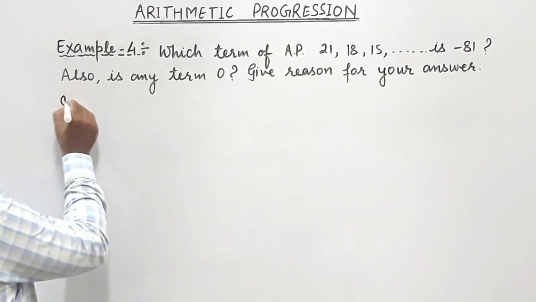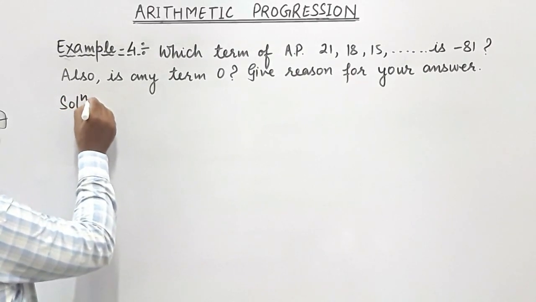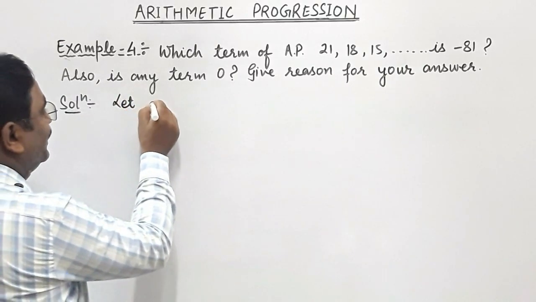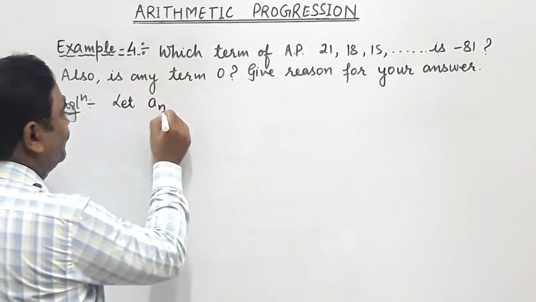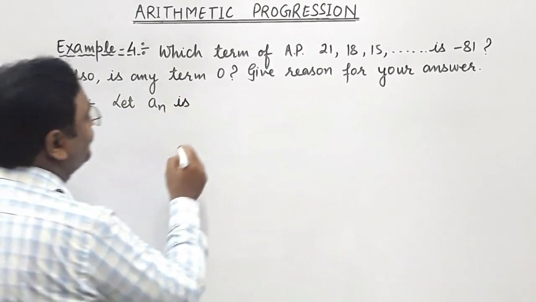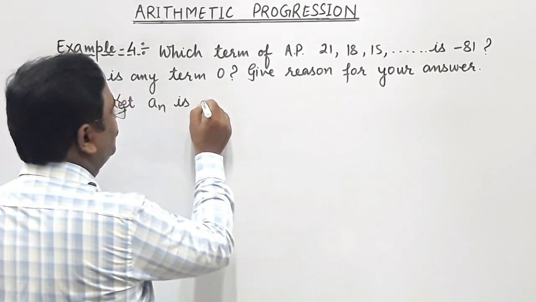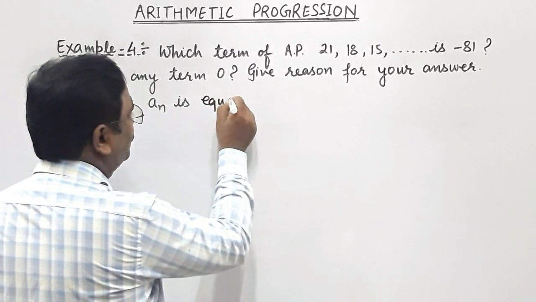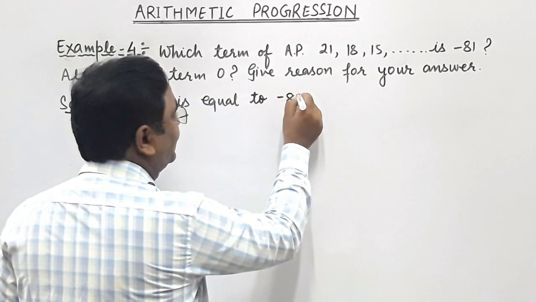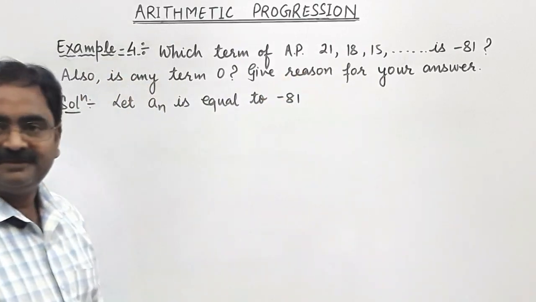So as your series is given, suppose in the solution, let the nth term a_n equal minus 81 of this series.